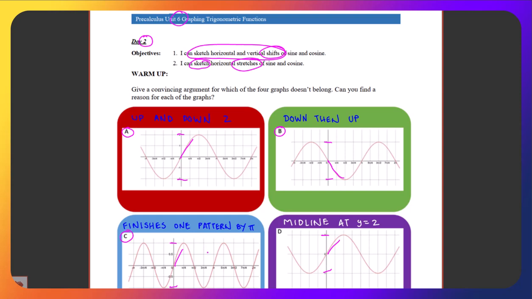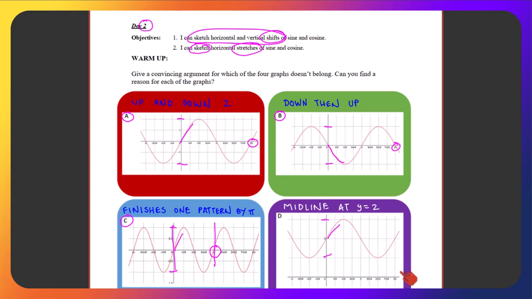C, this one finishes a pattern by the time it gets to pi, whereas the other ones take 2 pi. And then D, this one has a midline at y equals 2, whereas all the others have a midline at the x-axis, y equals 0.